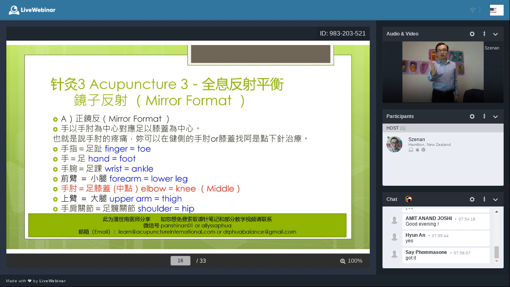Simple. I'm going to do this. This joint on reverse, it treats this joint and treats this. And elbow, treat elbow. Then at the moment, the forearm for here, I can treat the upper arm of the opposite side. Can you understand that?